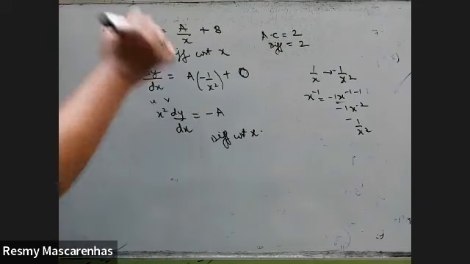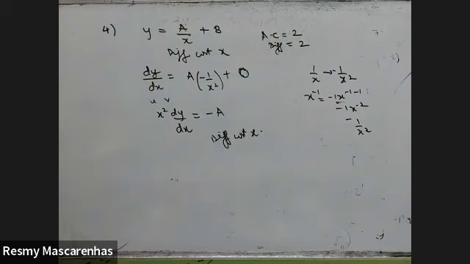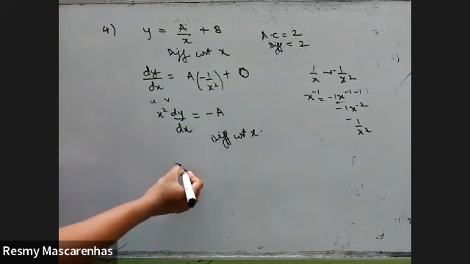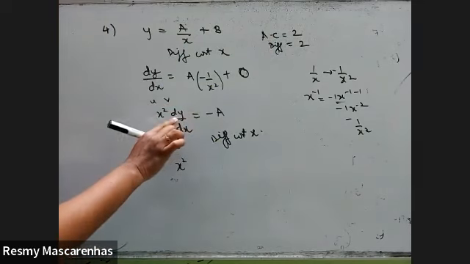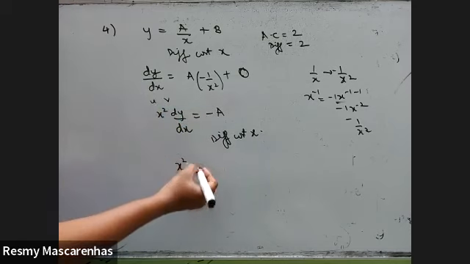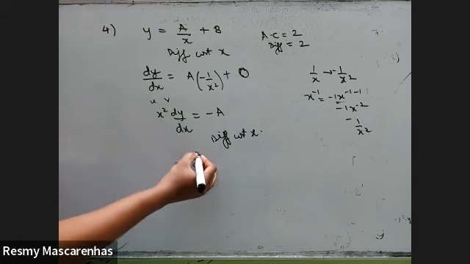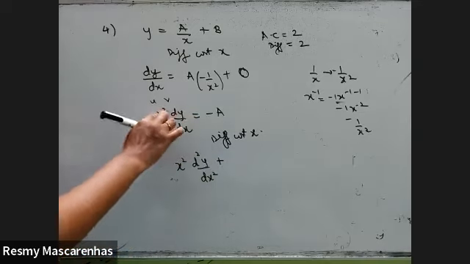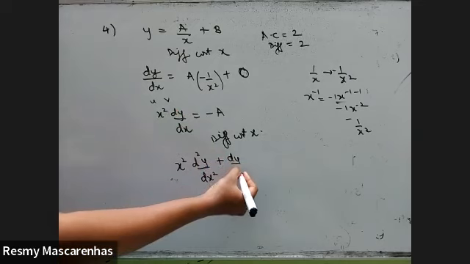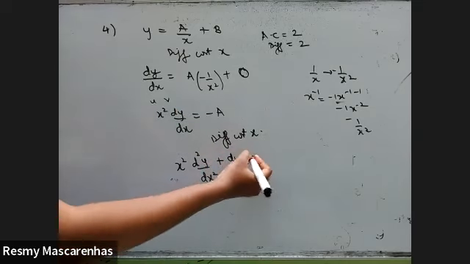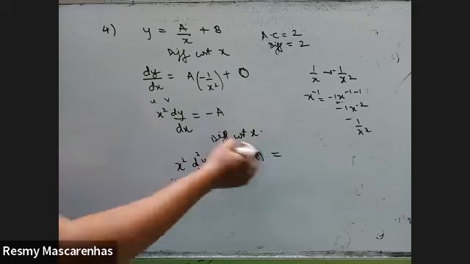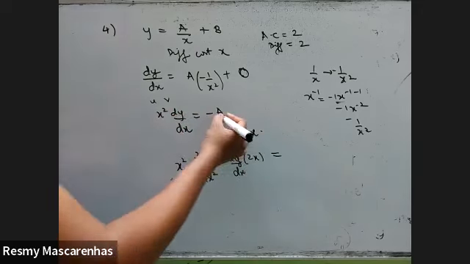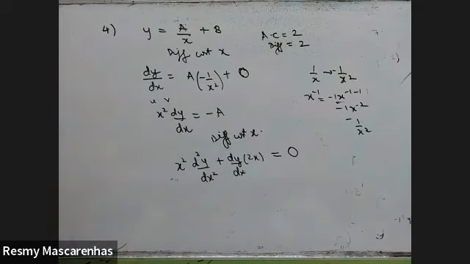Now this is u into v rule. So we know u into v is u into derivative of v. Already it is dy by dx. One more time, if you take derivative of dy by dx, it will become d square y upon dx square. Then v into derivative of u. Derivative of x square is 2x. Derivative of minus a is 0 because it is a constant.